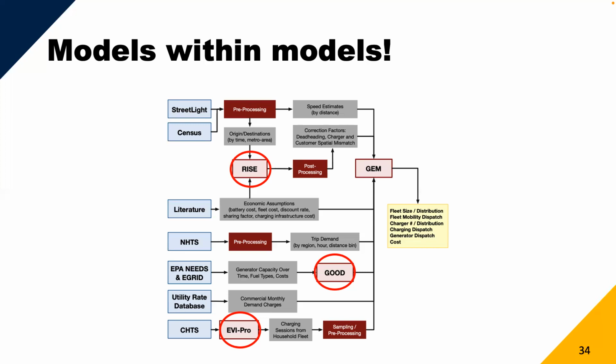I talked about EBI Pro, I talked about Good. RISE is a model out of UC Berkeley that's looking at ride hail operations specifically. So even the development of a complex model can be used as part of a tool in a broader modeling effort.